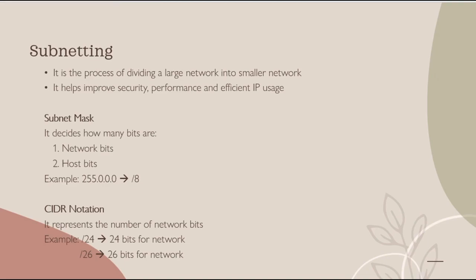If I use this class and I host only 40 to 50 computers, then the remaining IP addresses will be a wastage. To reduce this wastage of IP addresses, subnetting is required.